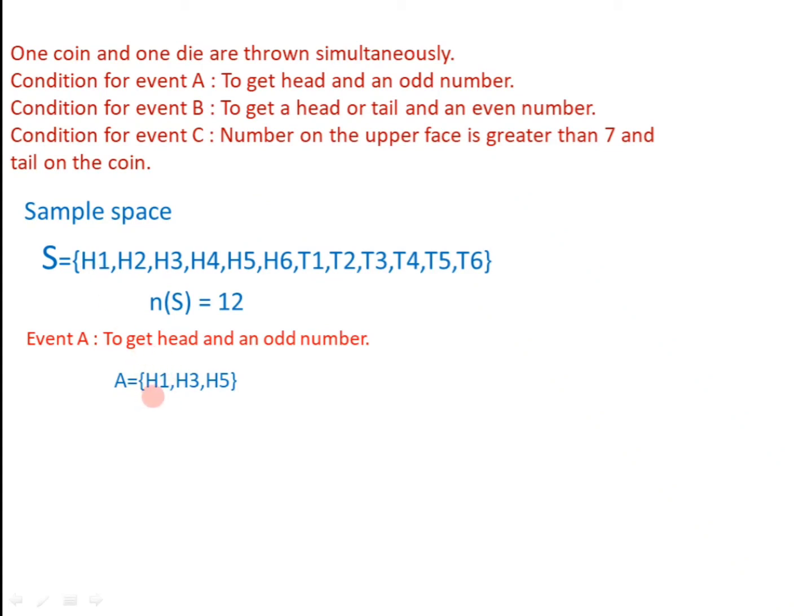We cannot take H2 because though there is head on the coin, the number on the upper face of the die is 2 and 2 is not an odd number. Next element would be H3 as both the conditions are satisfied here, and after that we have H5. So these are the only 3 possibilities which satisfy the given condition. So n of A, the number of sample points in set A, is 3.